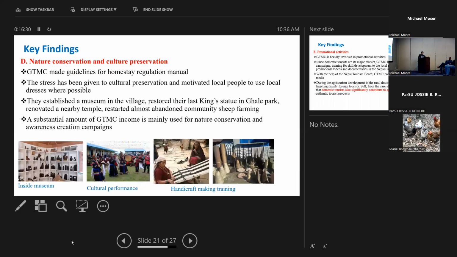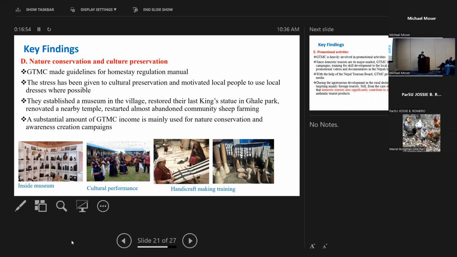For the cultural preservation, GTMC made homestay guidelines focusing on the cultural preservation. They motivated local people to use local dresses where possible. They also established a museum in the village. You can see here. In this museum, they put their traditional items they are using and they were using.